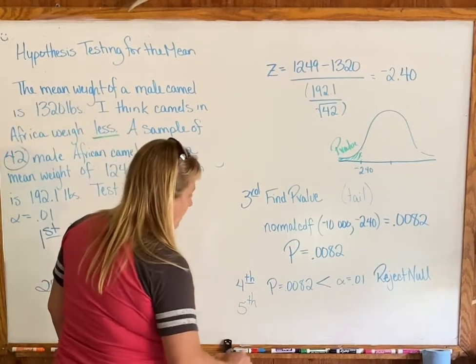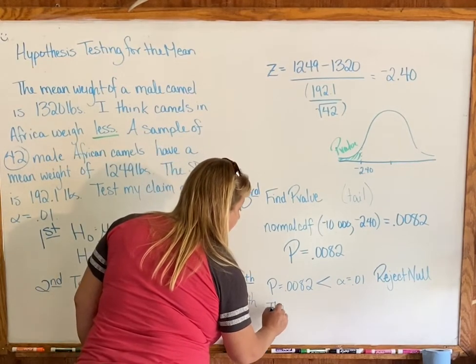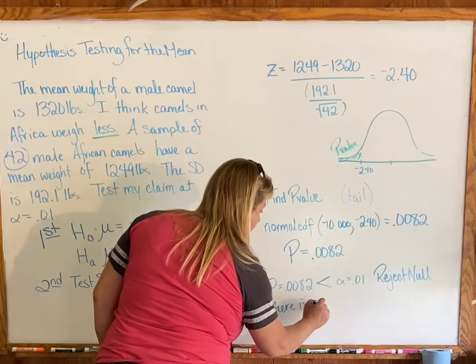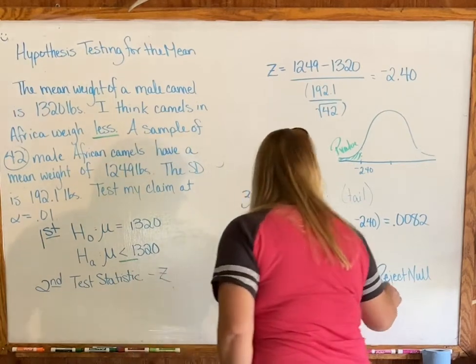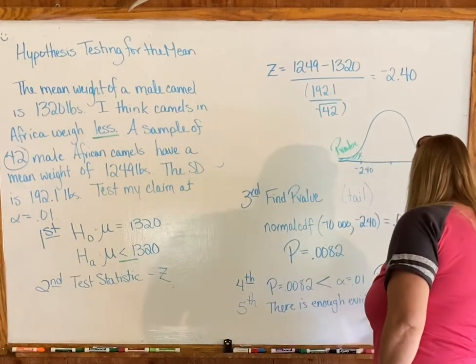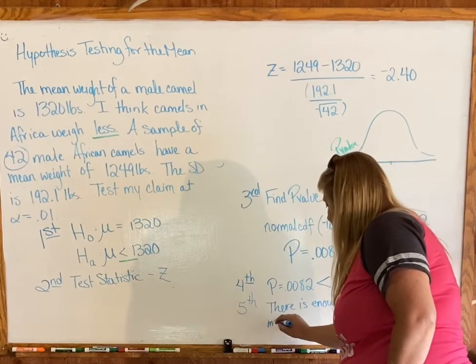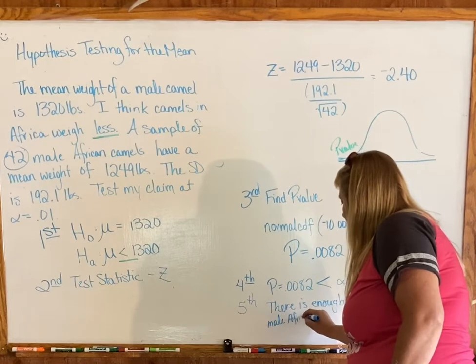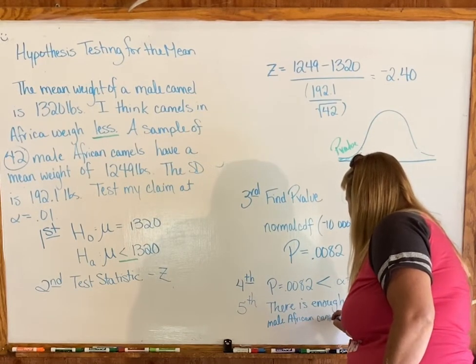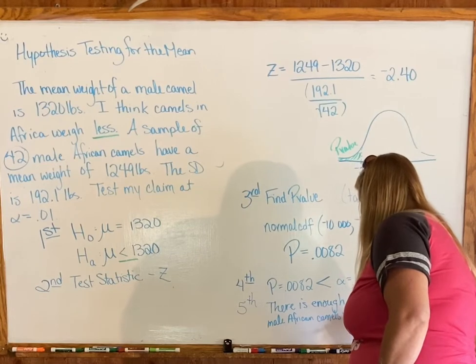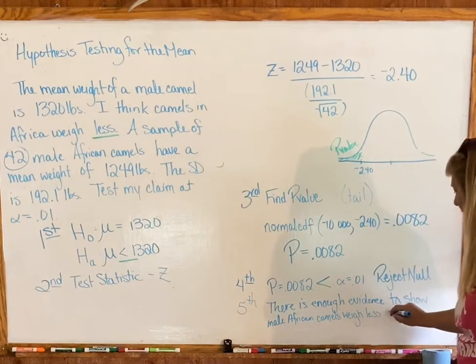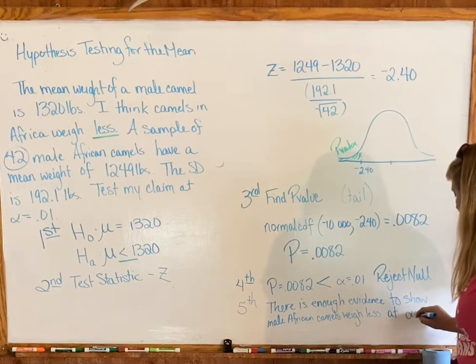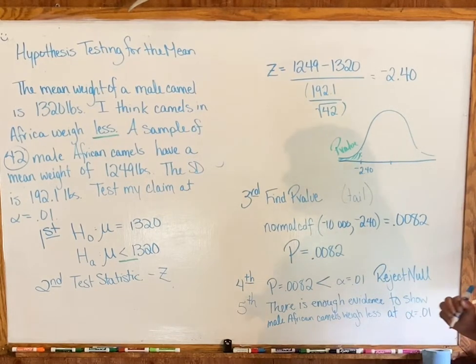So we can say, there is enough evidence to show male African camels weigh less at alpha equals 0.01. So when we write our sentence, we kind of hedge our bets a little bit.